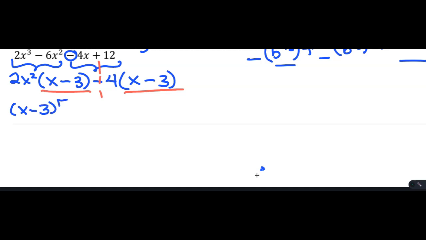So this is greatest common factor, factoring again. And we're left with a 2x squared minus 4. And actually, I'm spotting now, I could have done even better. There was also a common factor of 2. So let's go ahead and take that and put it out in front with the x minus 3. And say, really, it's an x squared minus 2 in here.